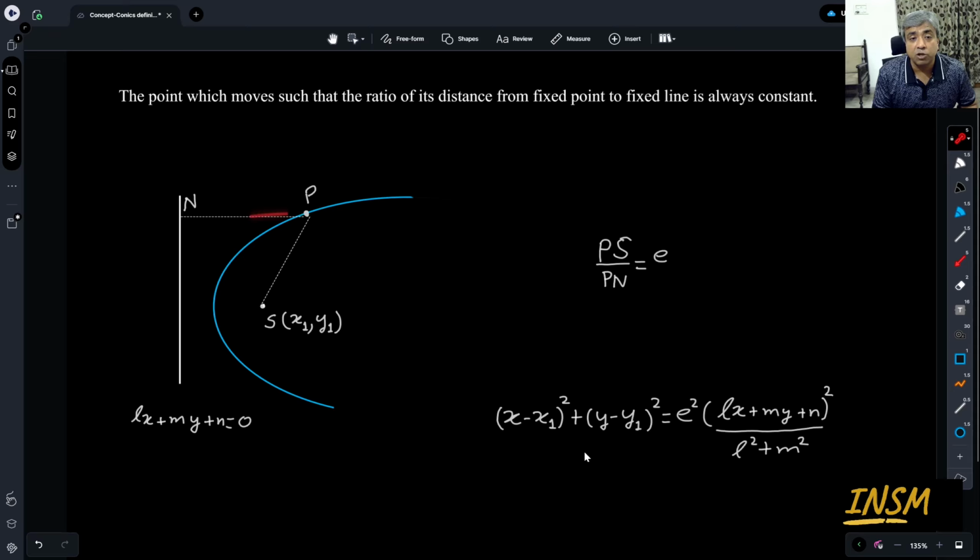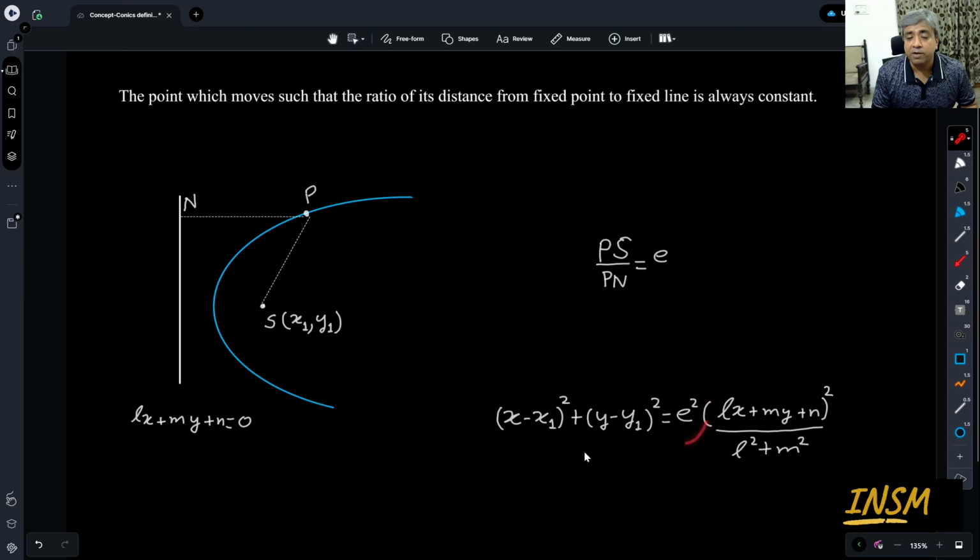The distance of the variable point (x, y) from this line is (Lx + My + n) upon the square root of L² + M², and we square it to get this form of the equation, the focus-directrix form of a conic.